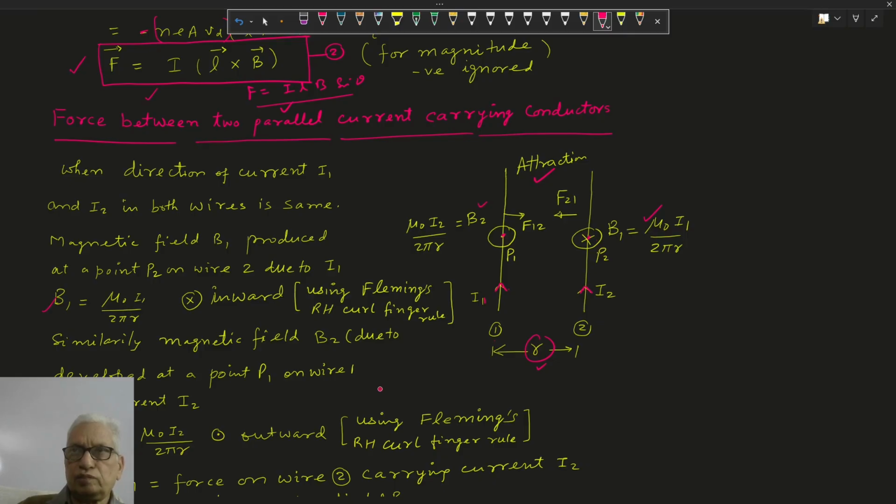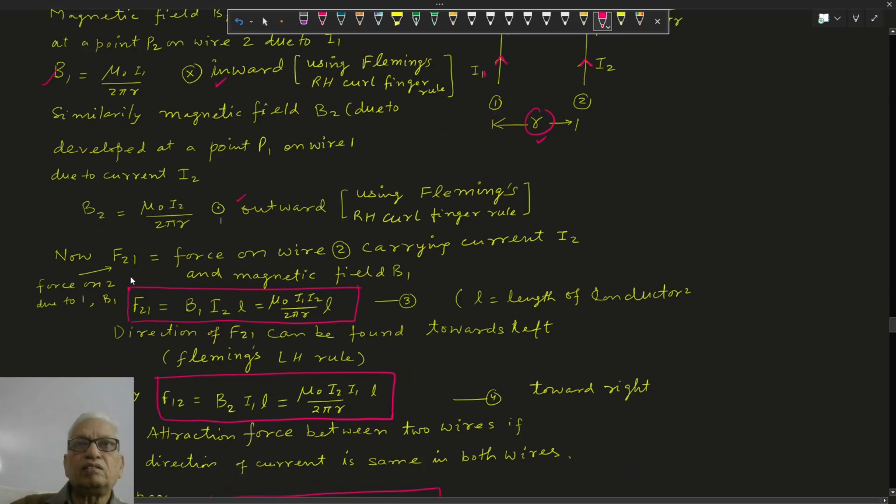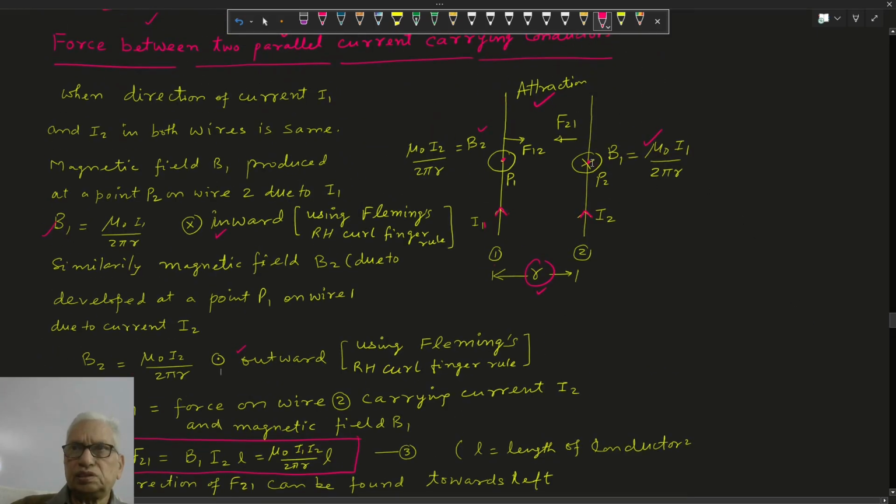B1 का फॉर्मूला होगा mu naught I1 upon 2 pi R, B2 का mu naught I2 upon 2 pi R. It is inward, this is outward, using the right hand curl finger rule.